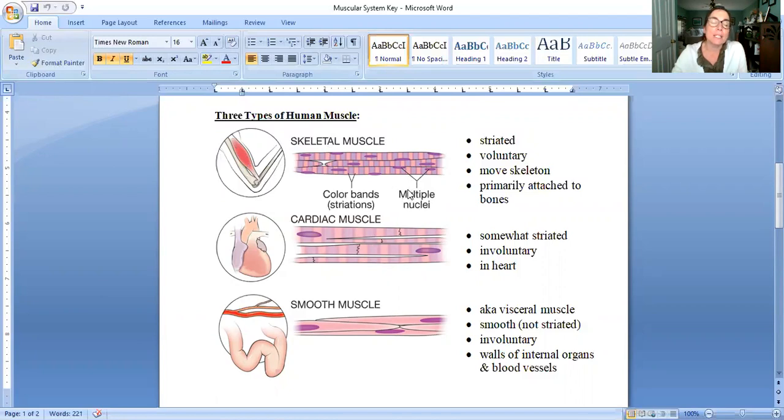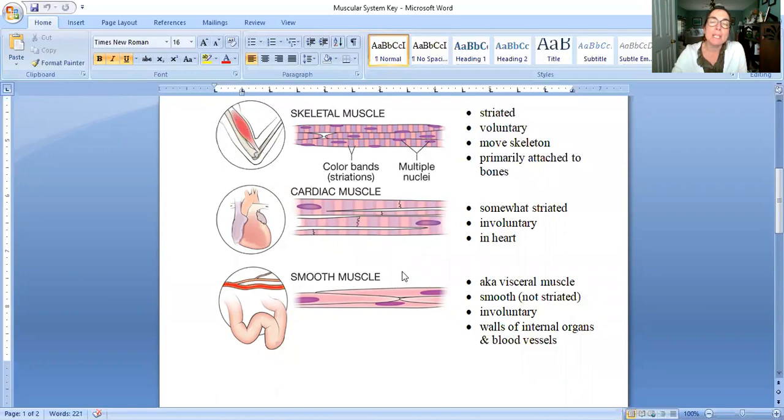Cardiac muscle, as I'm sure you could infer from the name, is the muscle that's in the heart. Again, it's somewhat striated. Thank goodness it's involuntary. We don't have to think about how we need to pump our heart. It just happens automatically.